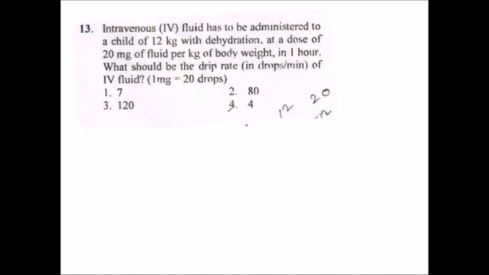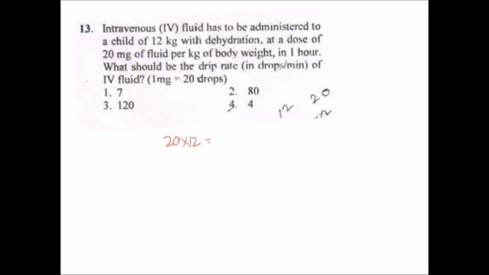Move to question number 13. It's quite simple. Here the question is that intravenous fluid has to be administered to a child of 12 kg with dehydration at a dose of 20 mg of the fluid per kg. It means the total fluid administered to the child is 20 into 12, as the child is 12 kg, and for 1 hour. Then what should be the drip rate?